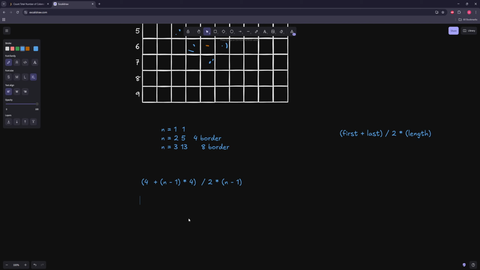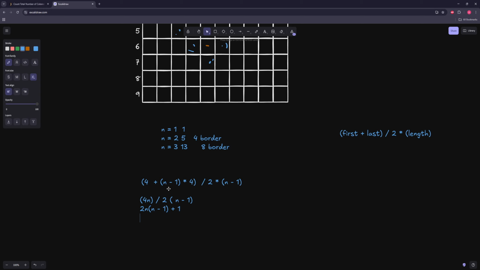Okay, so now what we get is 4 plus 4n minus 4, over 2 times n. Okay, so this cancels. So we get here 2n times n minus 1, plus 1. Is that correct? We should be able to simplify that even further.